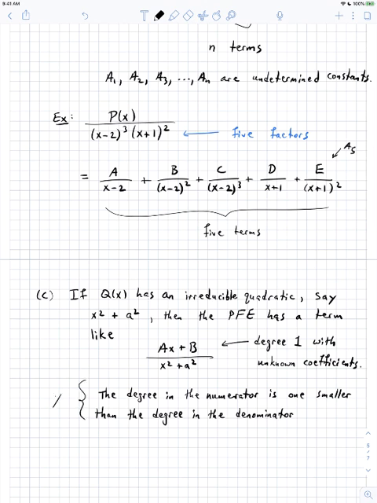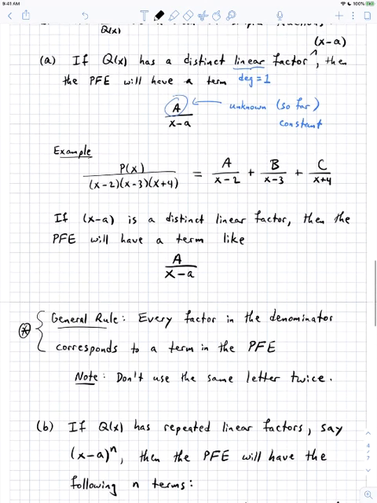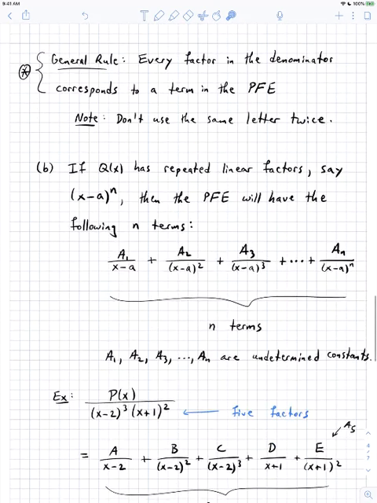This is always true. It's true here because you have degree 2 in the denominator and degree 1 in the numerator. If you go back to our first example, we had distinct linear factors. So here we have a degree 1, so the numerator is degree 0. In our second case, these are all factors that are degree 1. So there's a degree 2 there, and a degree 3 there, and a degree n there, but the factors themselves are all degree 1.